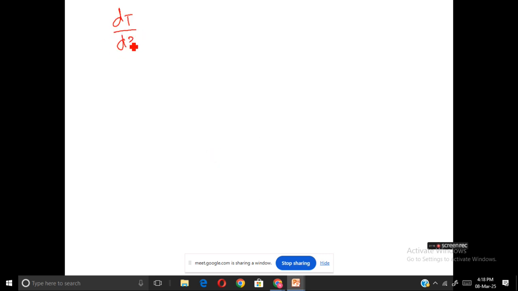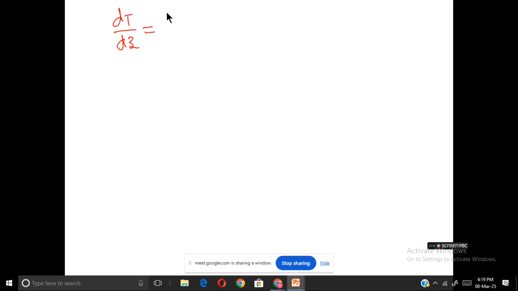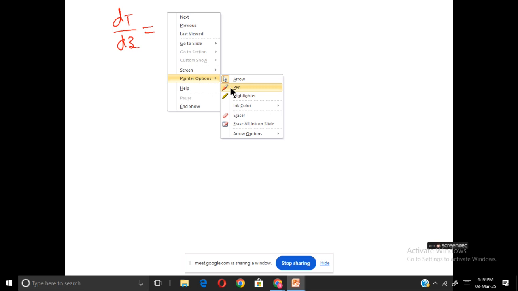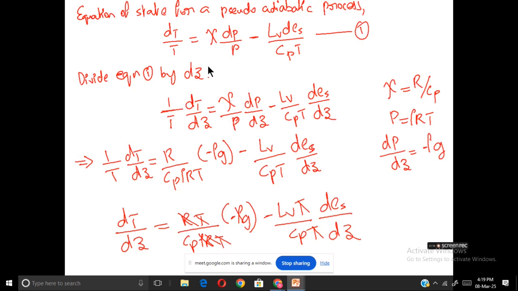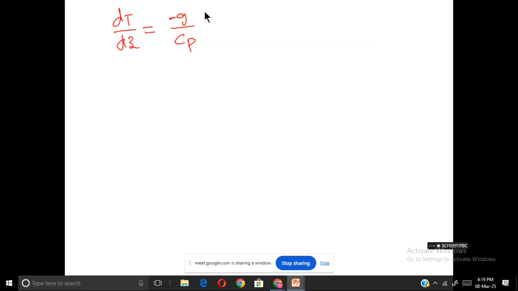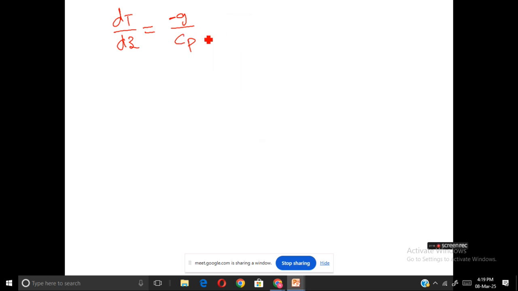What is remaining in the first term is only g and Cp. So dT by dz is equal to minus g by Cp, and in the second term it will be minus Lv by Cp into des by dz. So minus g by Cp minus Lv by Cp into des by dz.